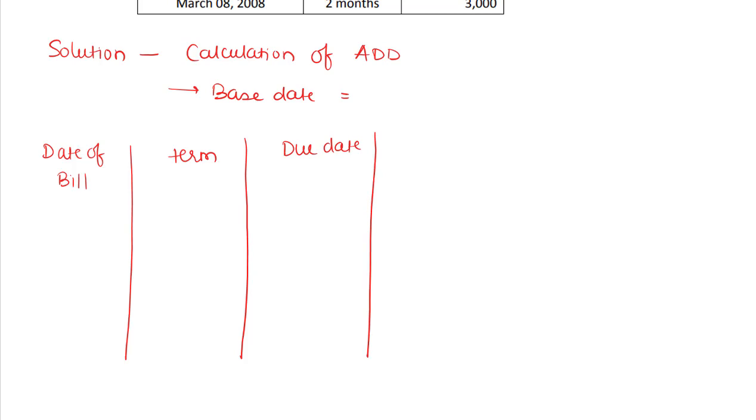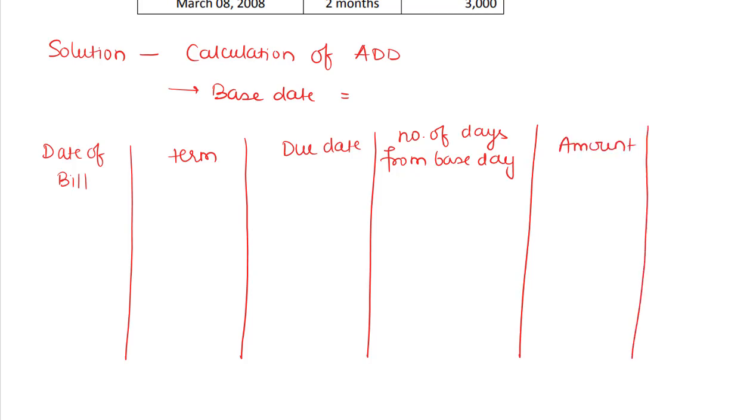Then the same columns: number of days from base date, amount, and product.